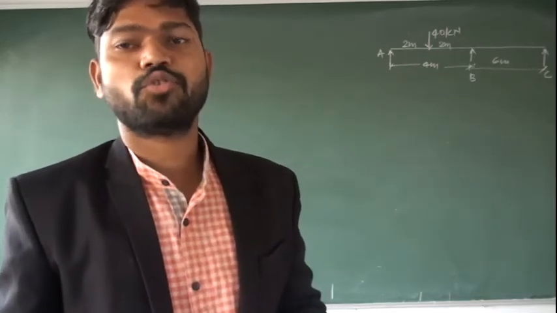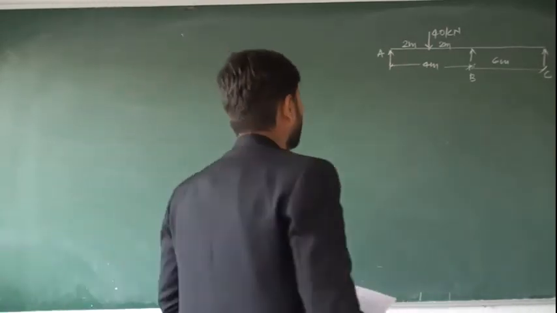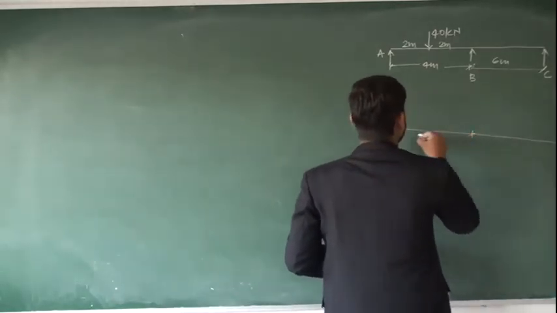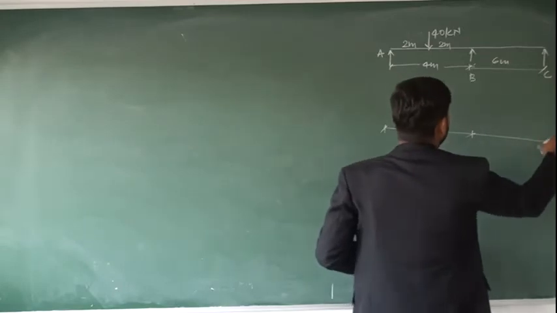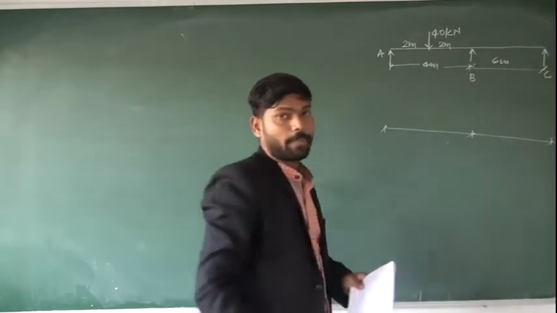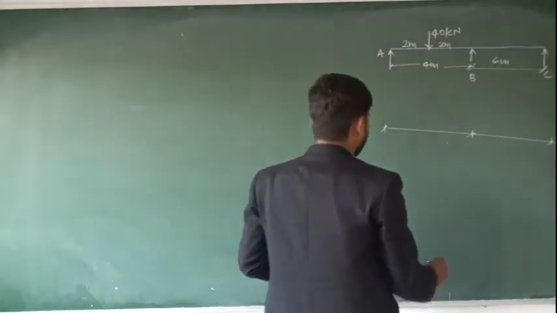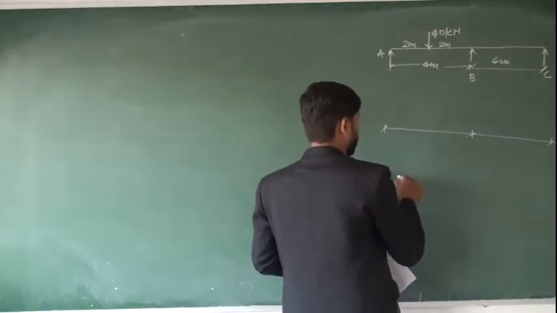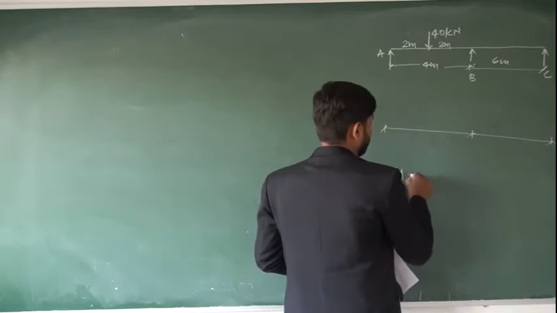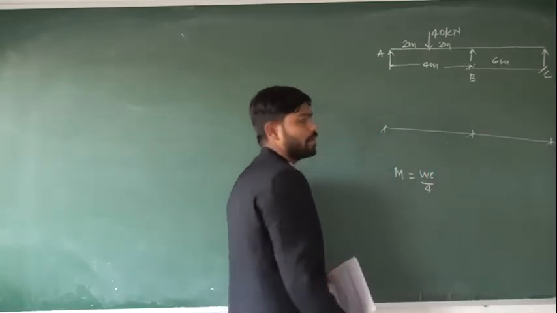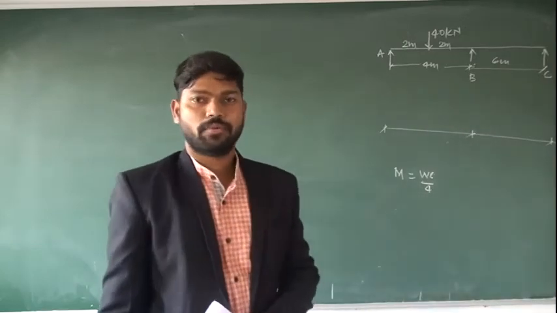So the first step is to draw the pre-bending moment diagram for the given beam. See, there is a point load, so you have to use the formula. If the point load is at the center, the maximum bending moment will be WL by 4.